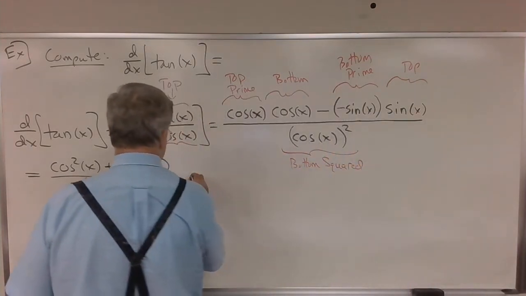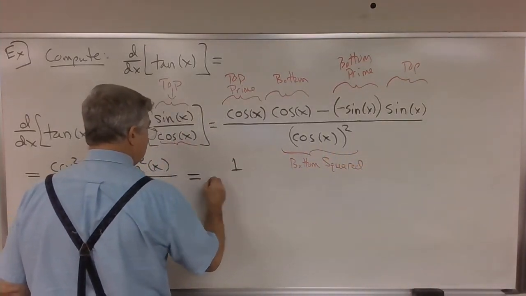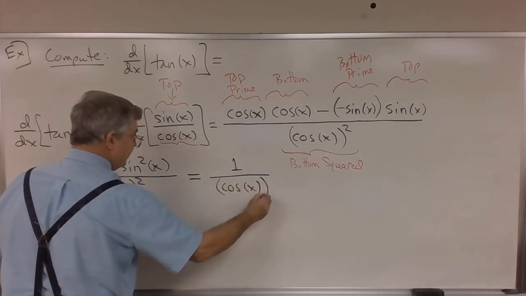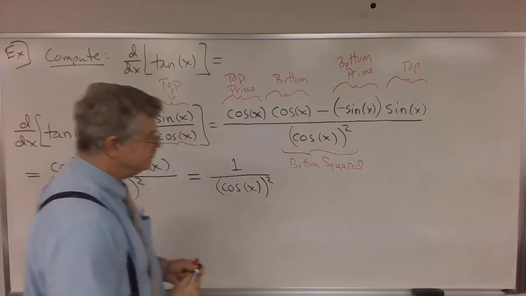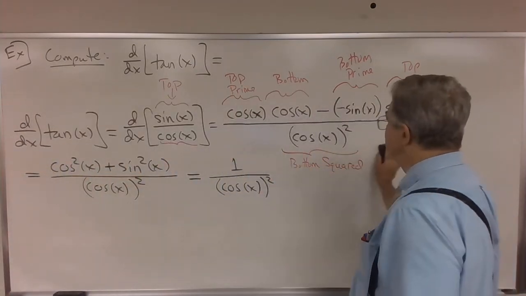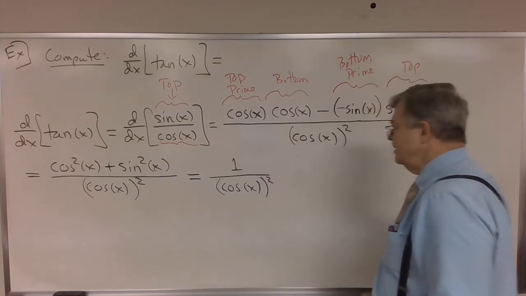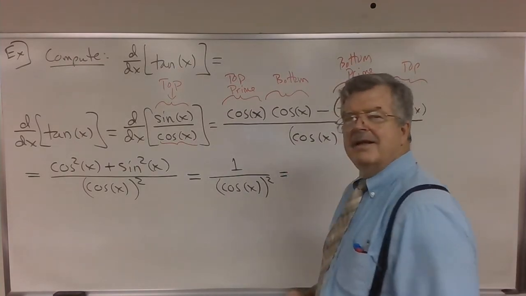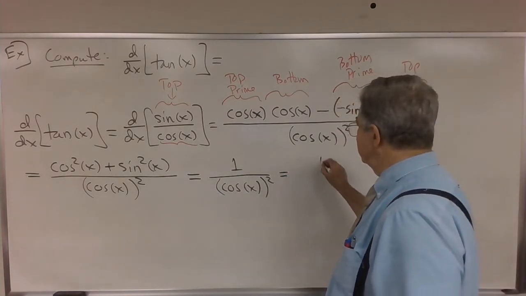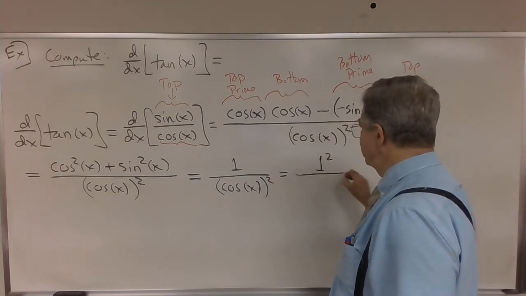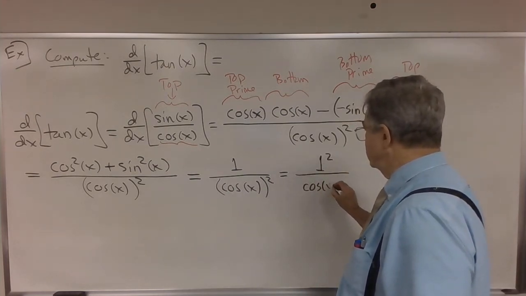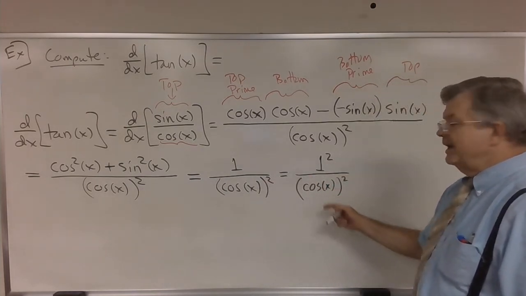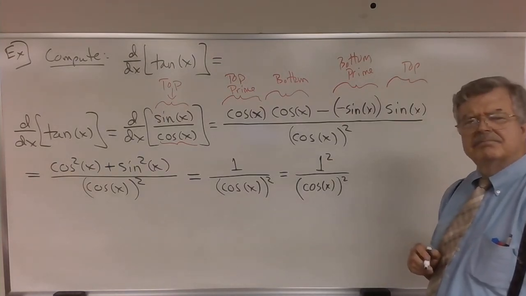The numerator is just 1. And now, out of selfish motive and nothing else, I'm going to rewrite the numerator as 1 squared, so I have numerator squared over denominator squared.